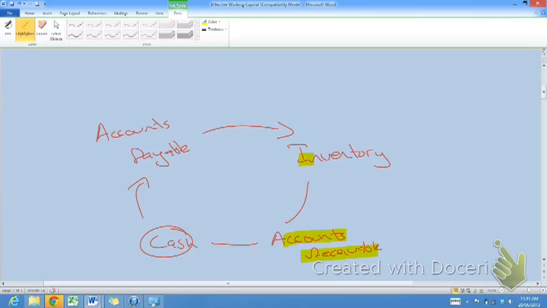Okay, we're not being efficient in how we collect them. Maybe our inventory levels are too high. Okay, if you have a lot of inventory there and it's not being sold, then that's cash which you otherwise don't have. So we're going to have a look at a few strategies, and probably the easiest way to look at it is to look at the current ratio.